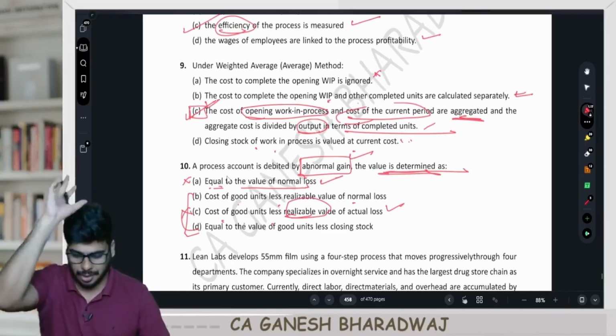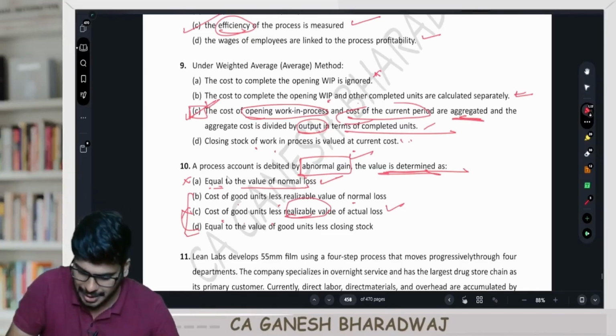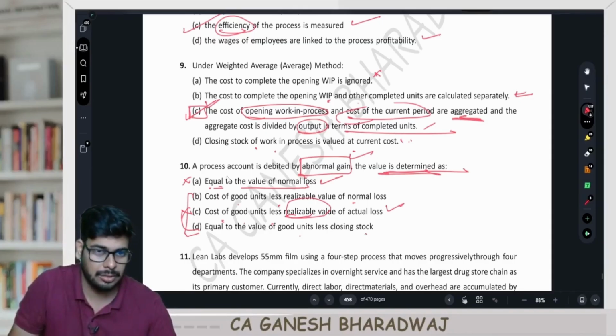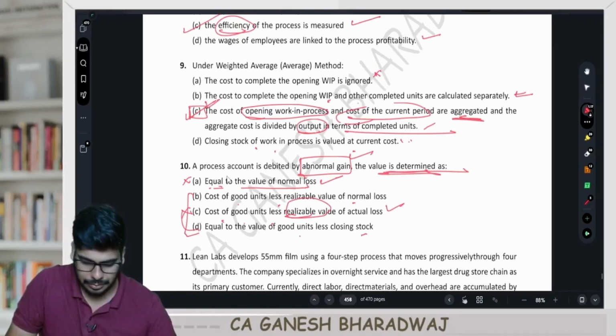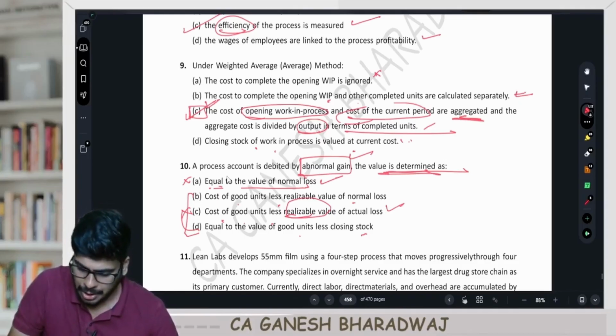I'll take it to my costing P&L account. Fine, very good. Is it equal to the value of good units less closing stock? Value of good units plus normal loss. B, sir. B.